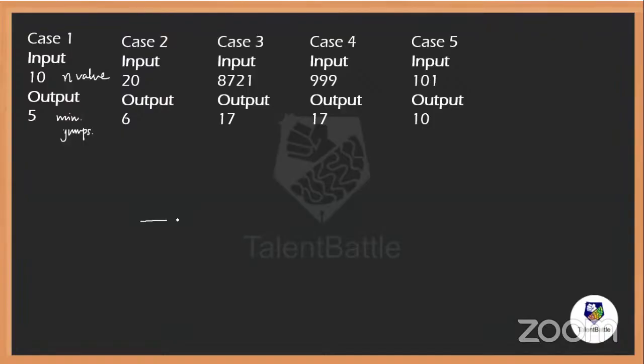Say for example, this is the area. If we try to dry run the first test case, they are providing us 10 as n value, meaning 10 steps. So 1, 2, 3, 4, 5, 6, 7, 8, 9, and 10. And you are here at the 10th step.